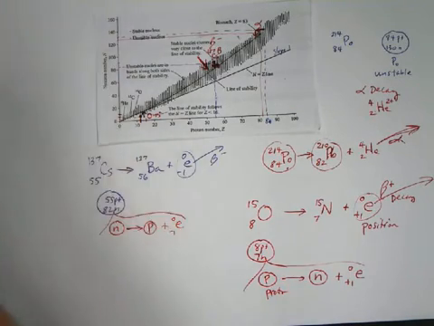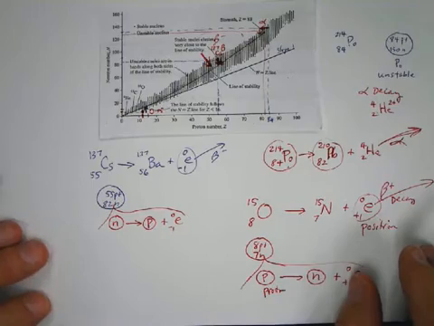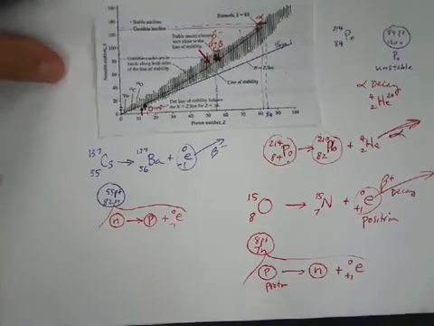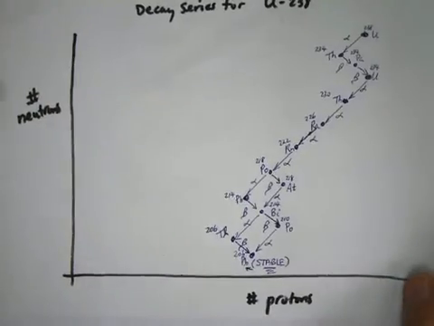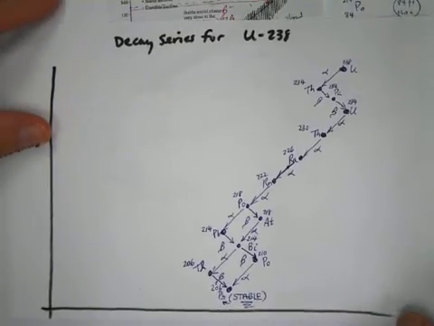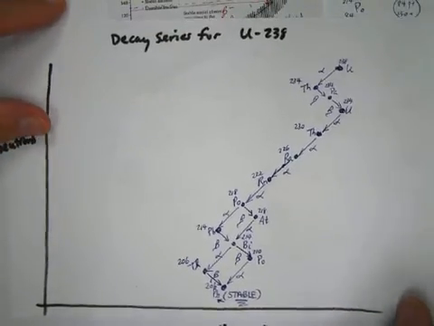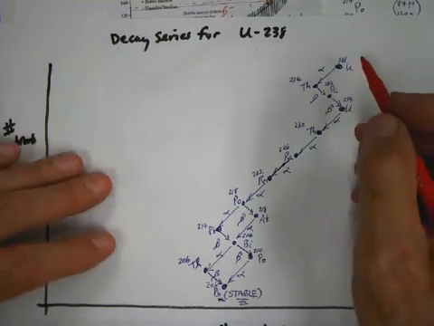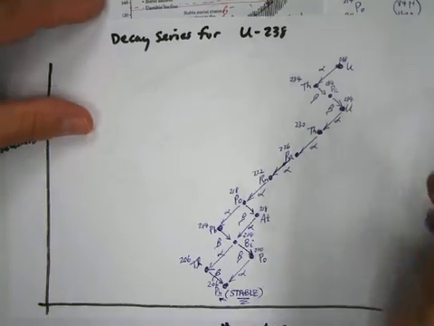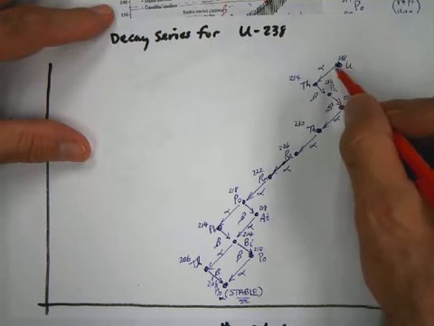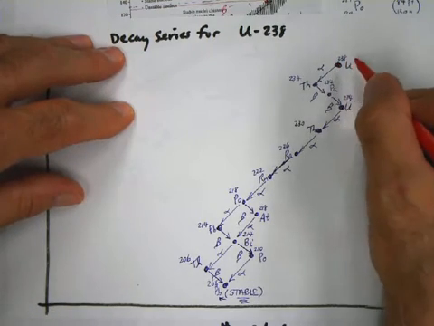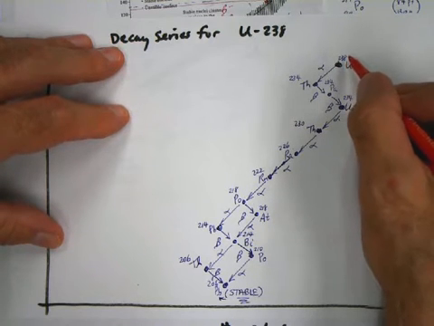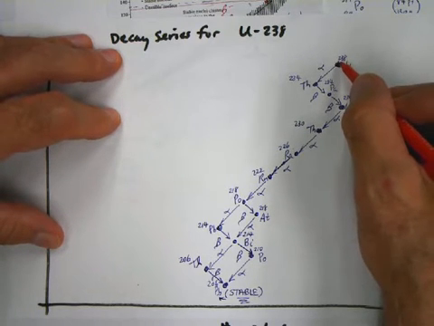Now, just to finish off here, let's look at what's called a decay series, and I'll just use this one for uranium-238, and then I'll flip back and forth. Notice this is the series of radioactive decays that occur from the isotope uranium-238 all the way down to lead-206.